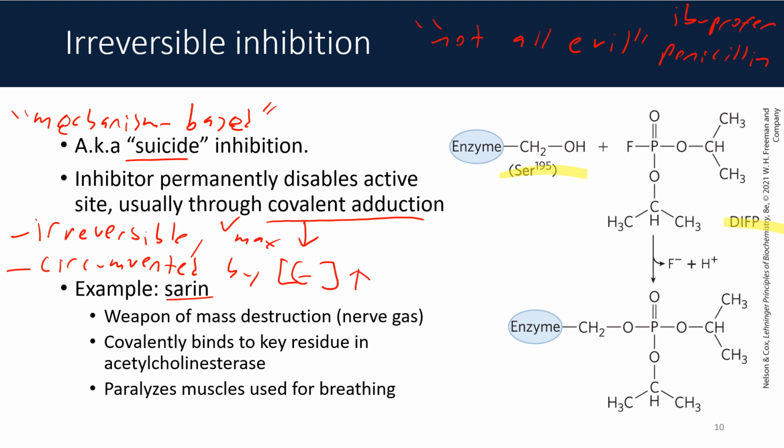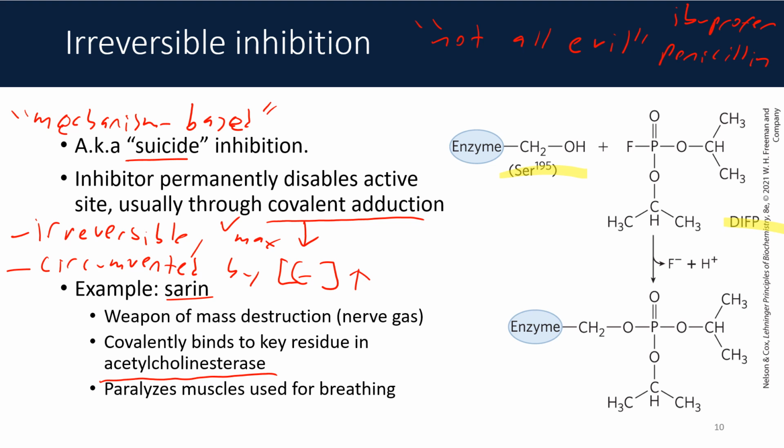And the enzyme that nerve gas often targets is called acetylcholinesterase. I won't go too deep into the physiology of this, but basically, acetylcholinesterase is an enzyme that's found within nerve junctions, and its job is to destroy acetylcholine, which is a neurotransmitter that tells muscles to contract.